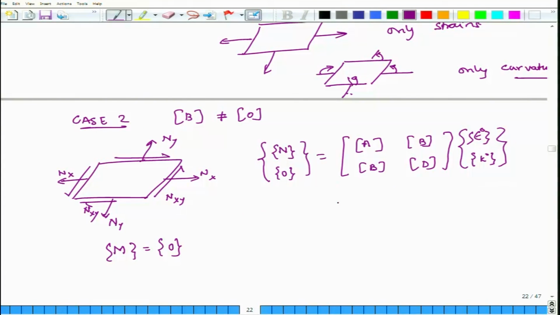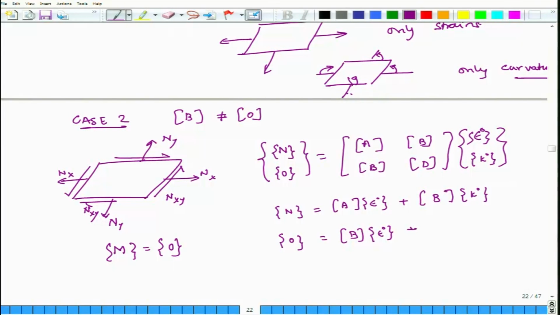When I write two individual sets of equations, N equals A epsilon plus B times curvature, and because moment resultants are 0, 0 is equal to B times mid-plane strains plus D times mid-plane curvatures.